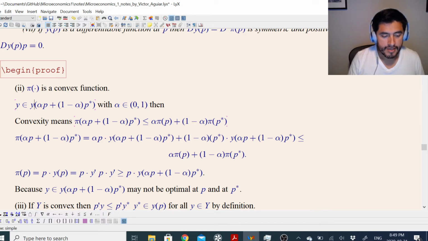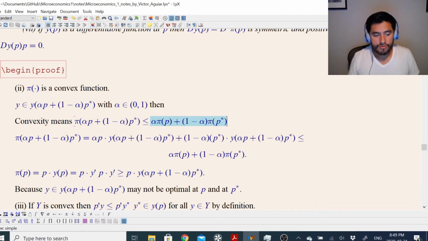And convexity means that if I take the profit function evaluated at this convex combination of prices, this is less than or equal to the convex combination of the profits at the price P and price P star. This is just the definition of convexity.